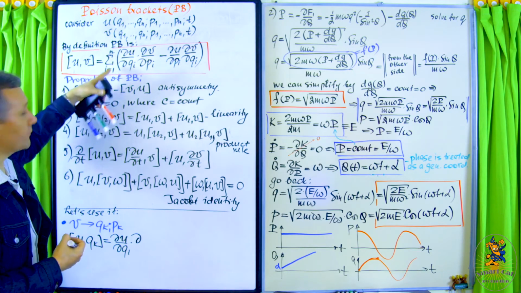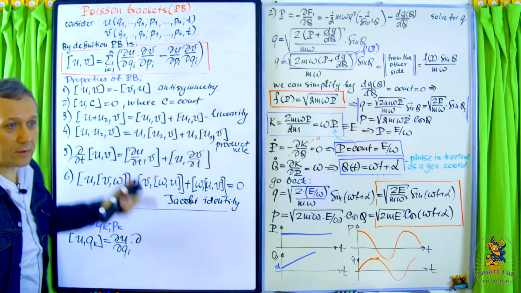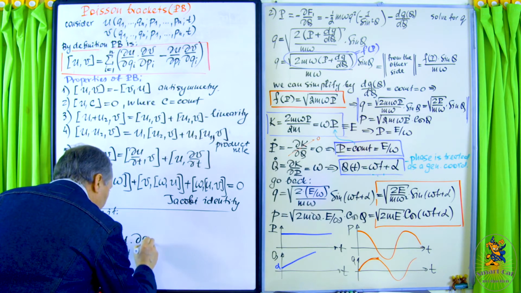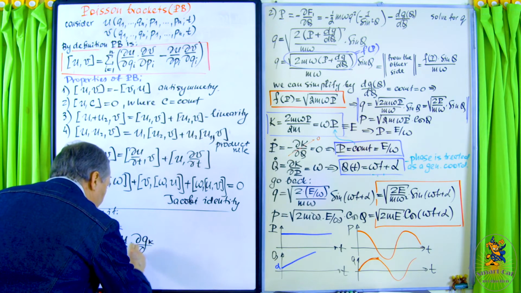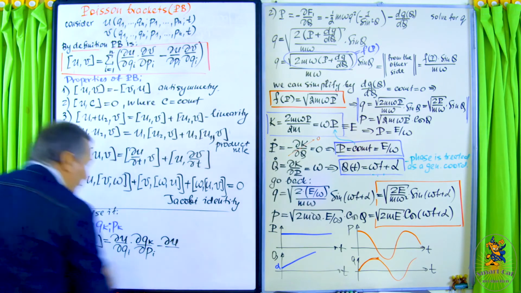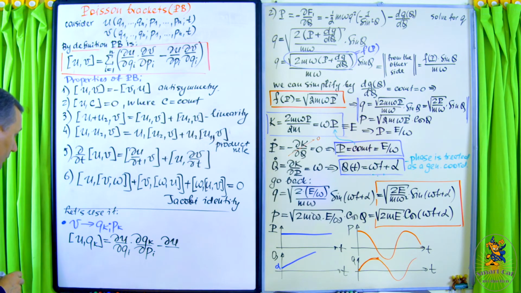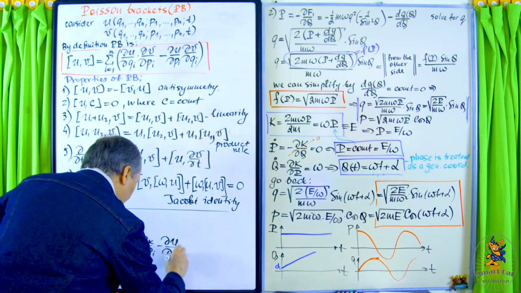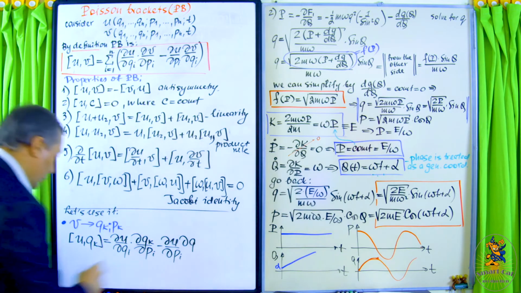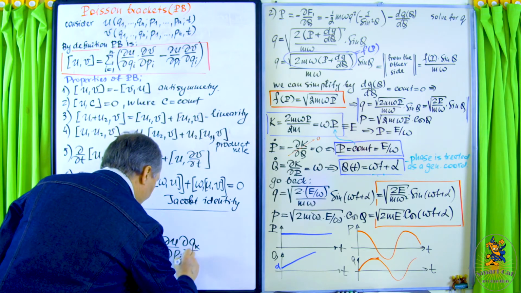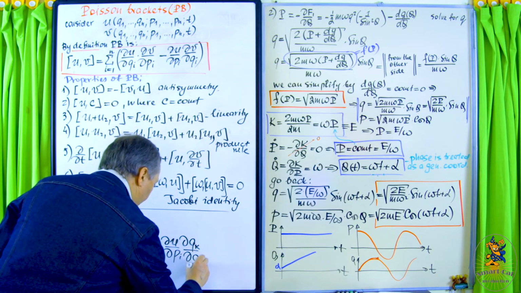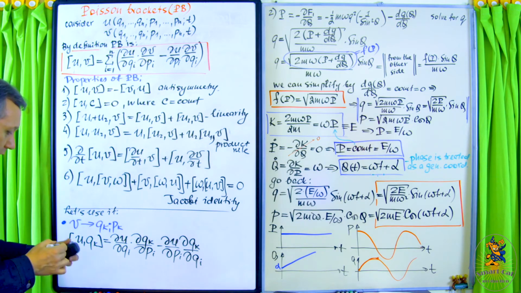Maybe i is from 1 to 100, but k, let's say, is 95. So partial derivative of q_k with respect to p_i, and then minus the partial derivative of u now with respect to p_i and the partial derivative of q_k with respect to q_i.